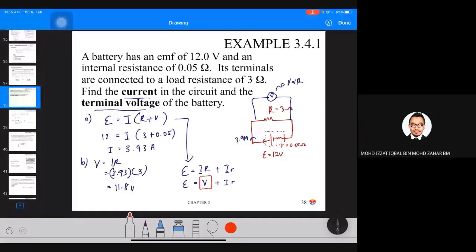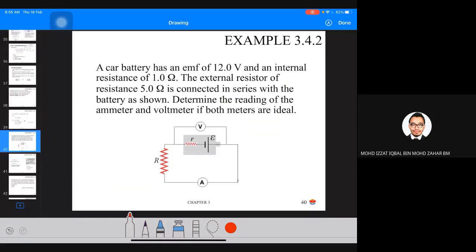The 5 ohm is actually over here, connected in series with the battery. Determine the reading of the ammeter and the voltmeter if both meters are ideal. So they want to find the reading here and here. So you can use the same method lah.